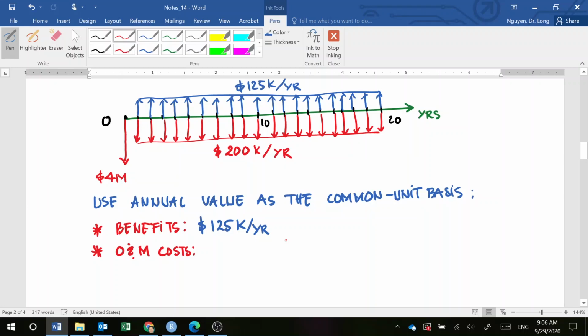Then we need to convert the 4 million initial cost, the investment cost, to annual values.